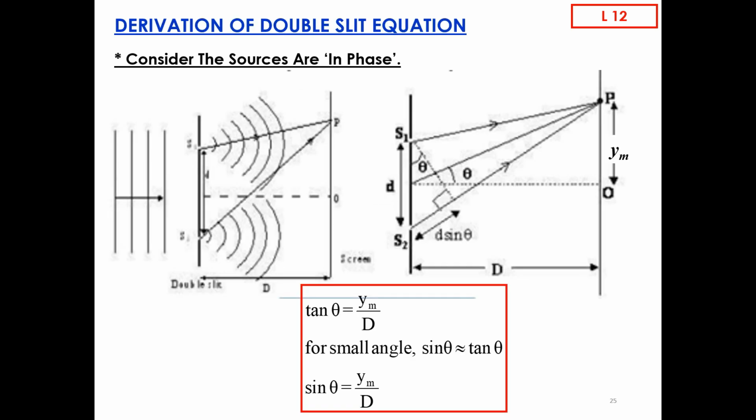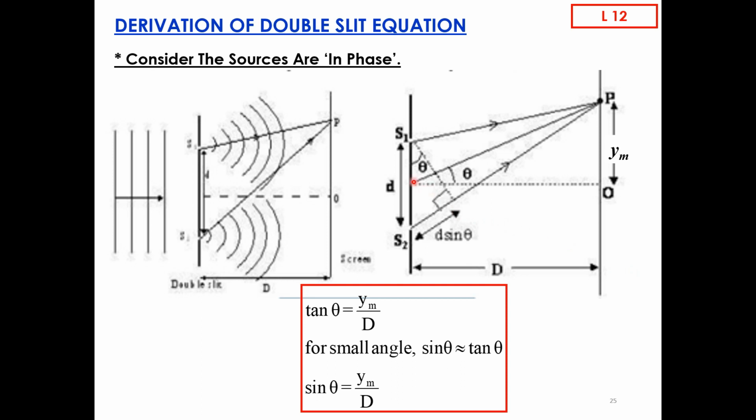Now look at this slide: derivation of the double slit equation. Tangent theta is ym over D. ym is the distance between the central bright fringe and the order that we want to calculate, the distance here, and D is the distance between slit and screen.